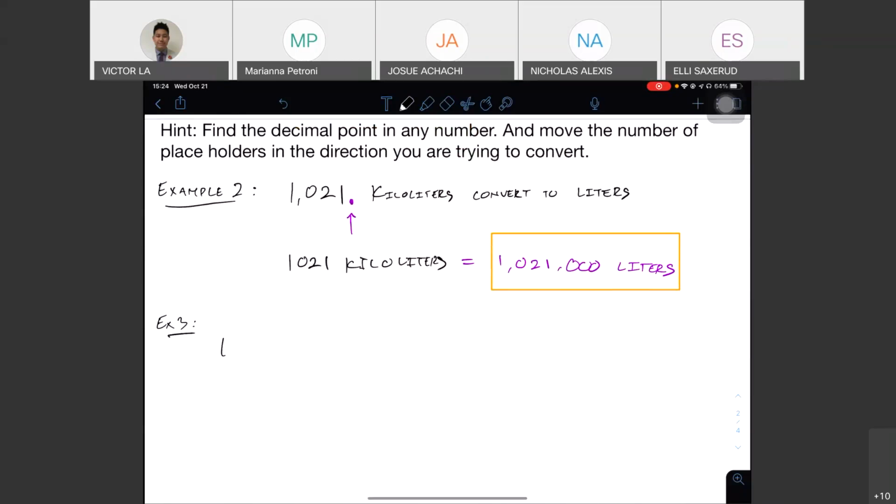You had 10.21 centigrams. You want to convert to decagrams.